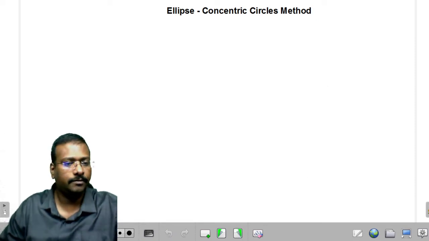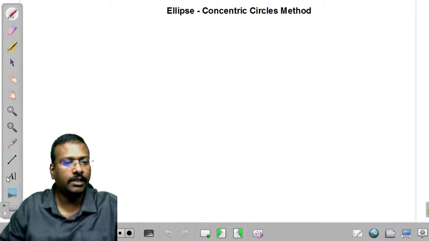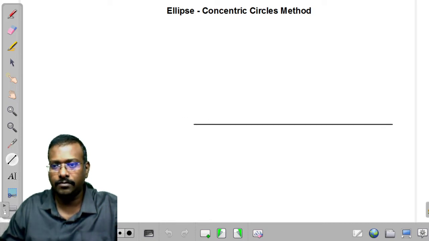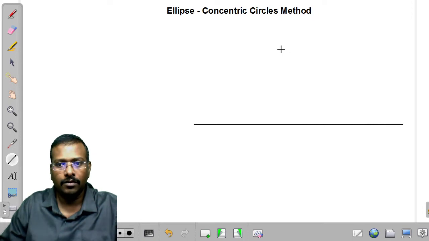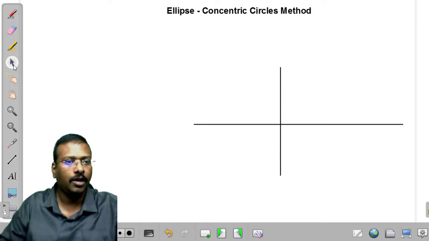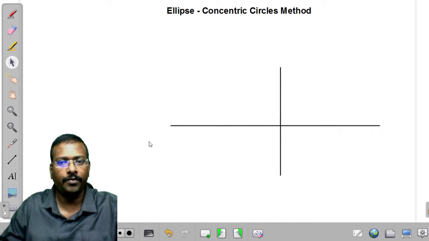First of all, we have to draw two lines which are perpendicular to each other. Assume the intersection point as O.